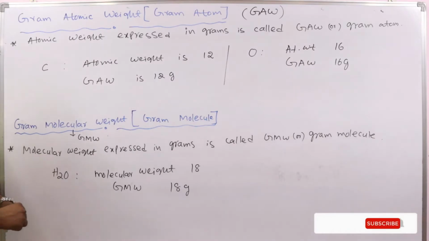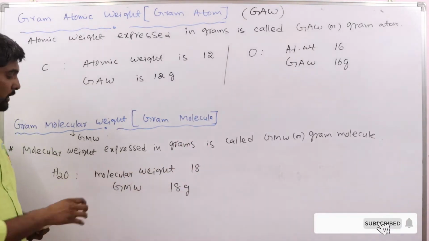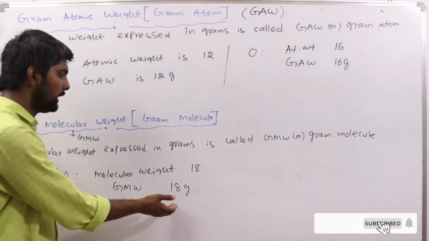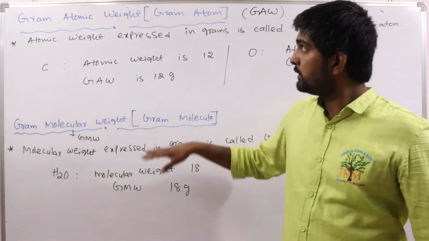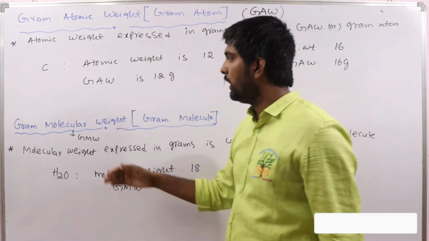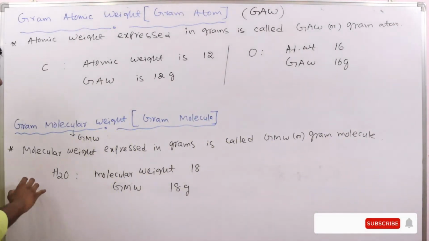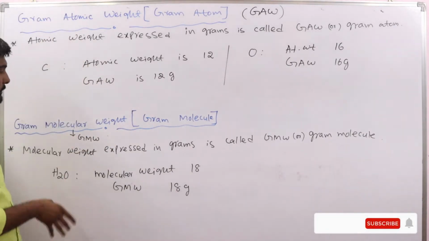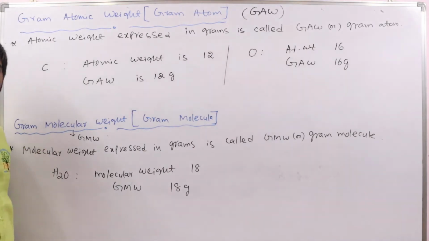Molecular weight is simply 18, but gram molecular weight, when the molecular weight is expressed in grams, is 18 grams. So gram atomic weight is atomic weight expressed in grams, and gram molecular weight means molecular weight expressed in grams. This is applicable for the atoms and this is applicable for the molecules.